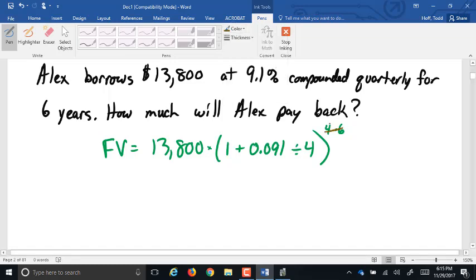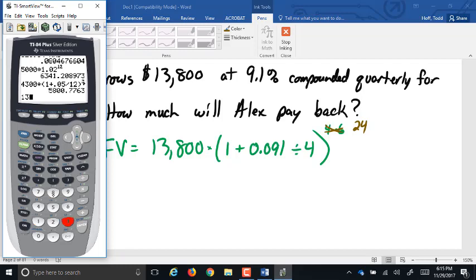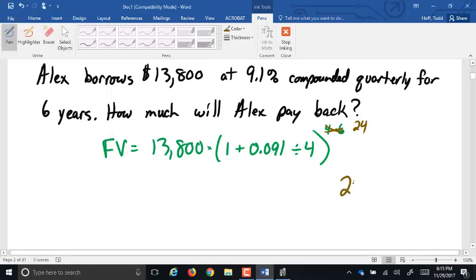And again, I'm going to cross off the 4 times 6. Just put in a 24. So 13,800 times 1 plus 0.091 divided by 4, power of 24. Did we get 23,687.10?